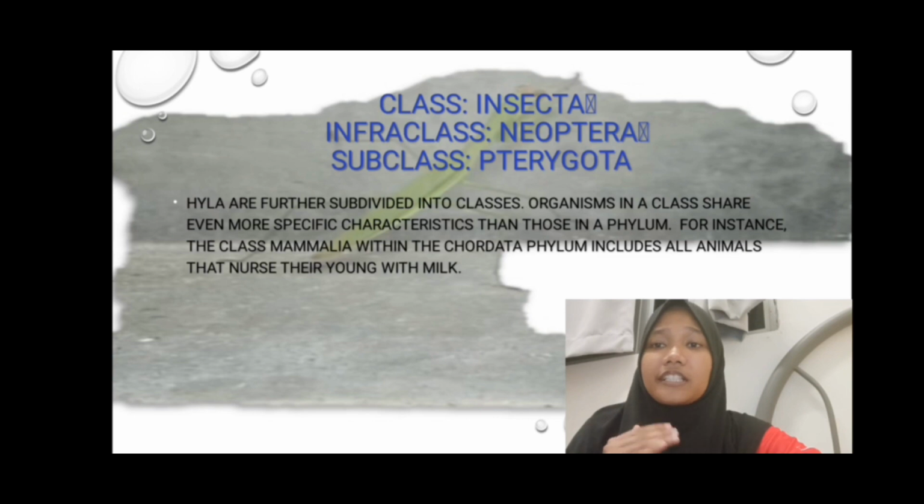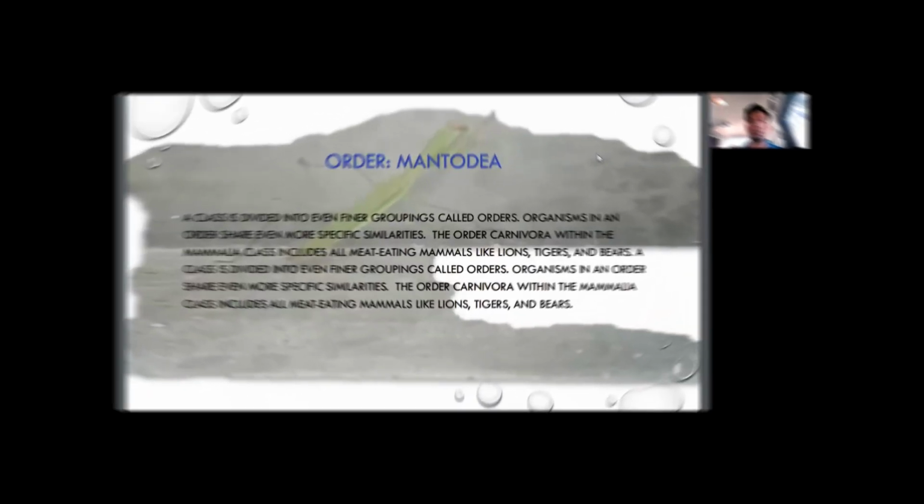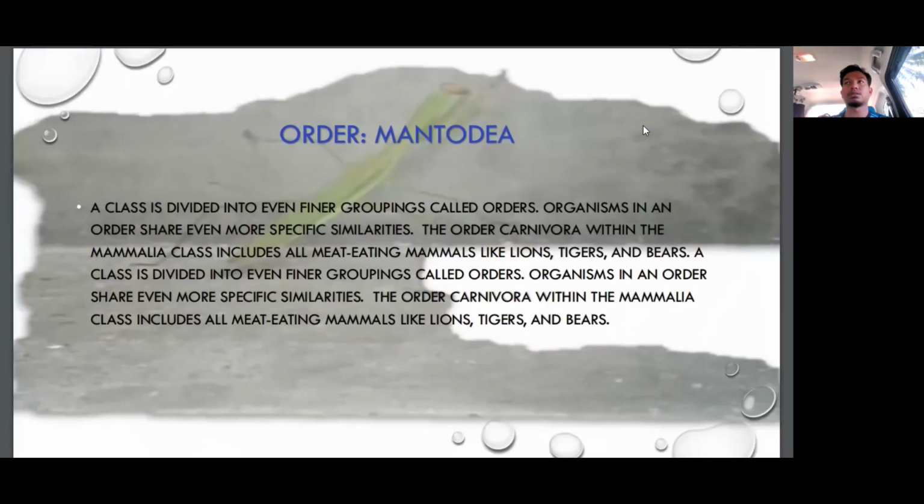Based on our research, we found the animal class Insecta, subclass Pterygota, while the infraclass is Neoptera. So my part is to share with you the taxonomy hierarchy of the mantis.